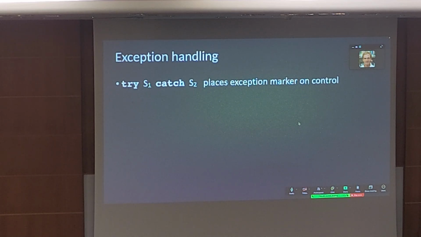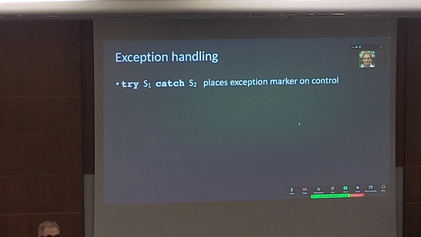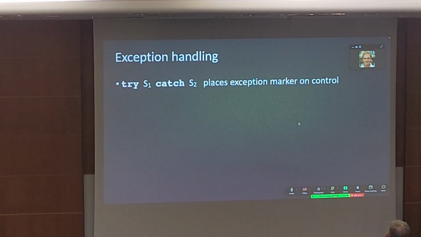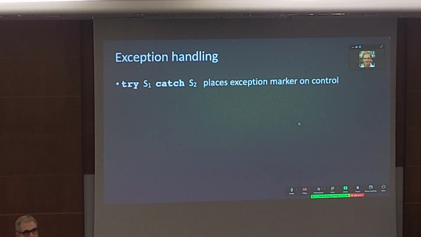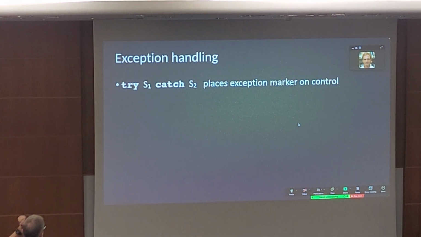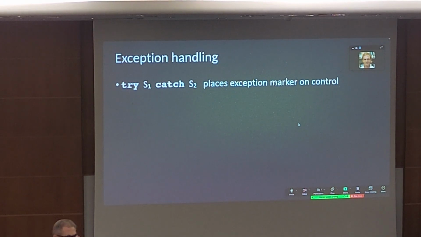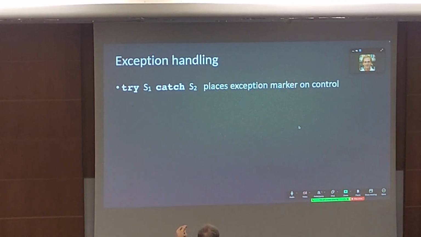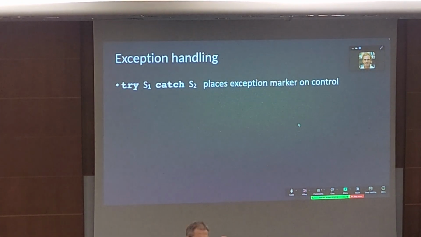And we have already a solution. That is really the last question today. What do we need to do in order to properly implement try-catch in this CSE machine? Imagine you need to execute S1 and S2, but we don't really know if we need to execute S2, right? So we need to execute S1 until we get an exception.